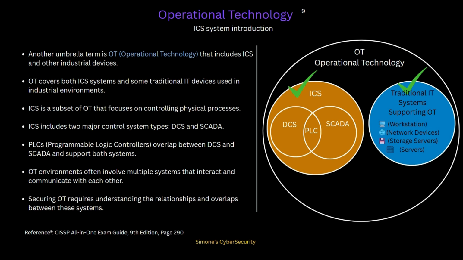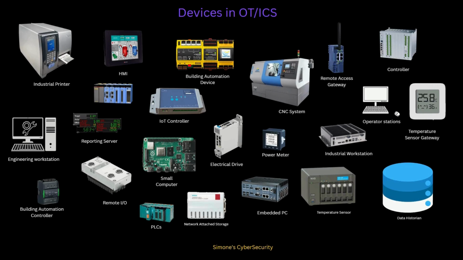So on the next slide now, we will see some of the devices that are found in the OT environment, and which devices are the most common and seen in every OT environment. When we step into an OT or ICS environment, we see a wide variety of devices in use.